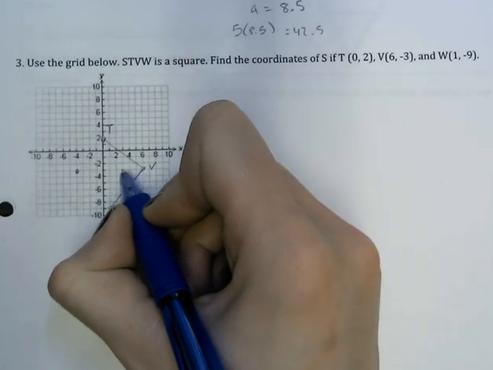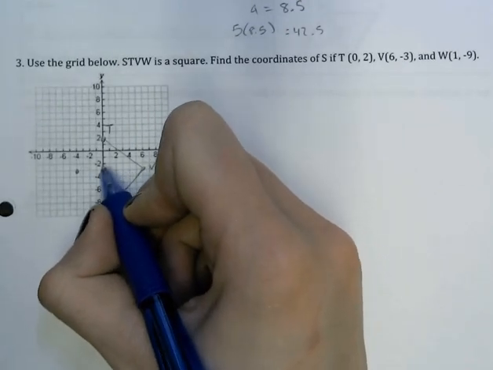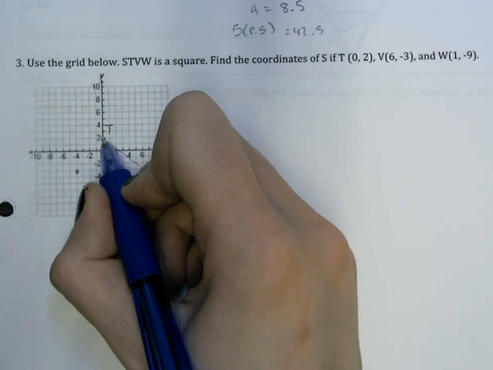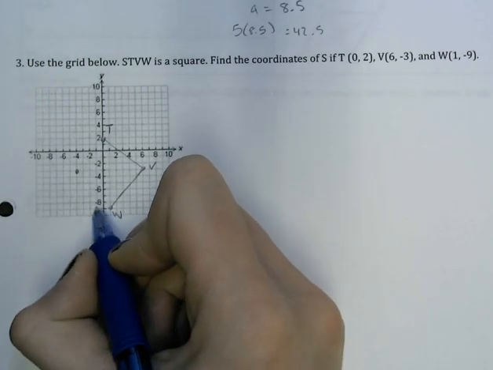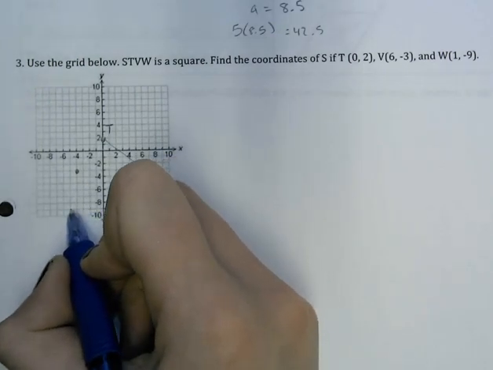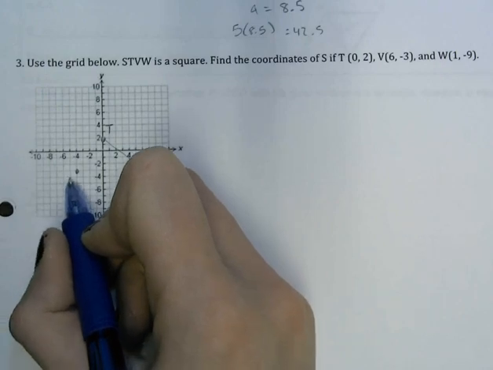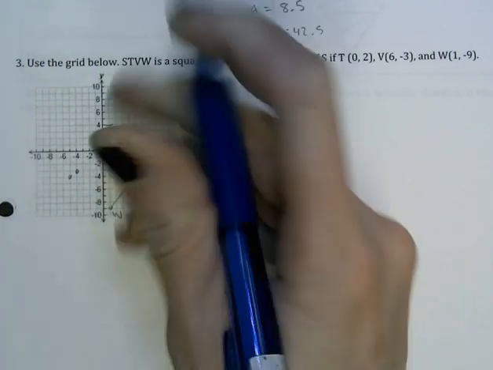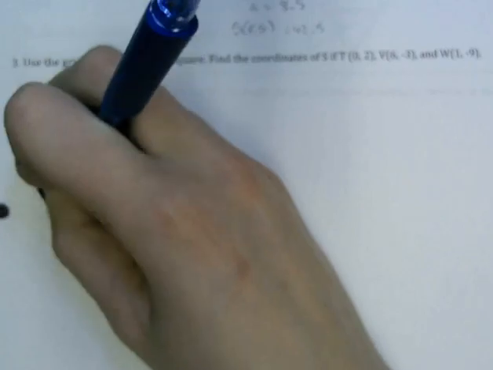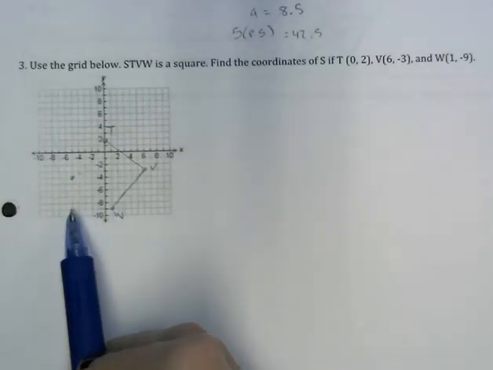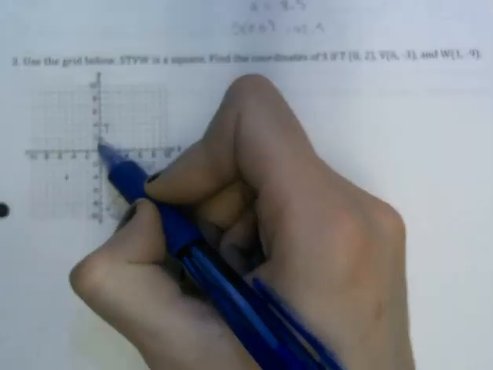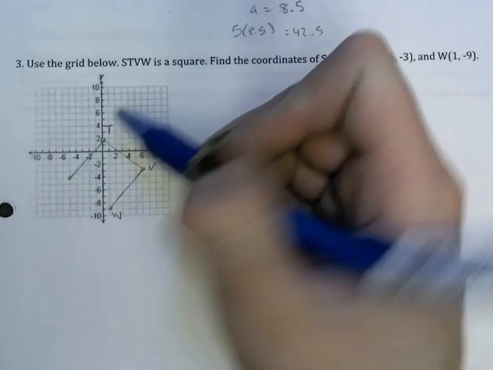Counting over and up again, I think I switched those. All right, here we go. By doing the same slope, I was also going the same distance away, so we were making sure those sides are the same length.